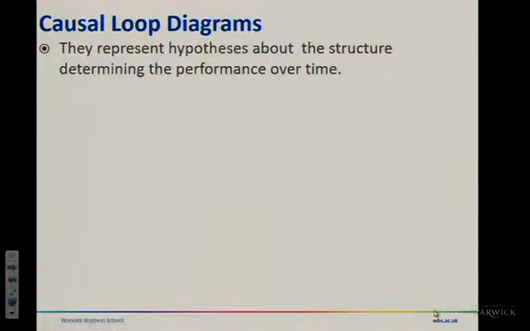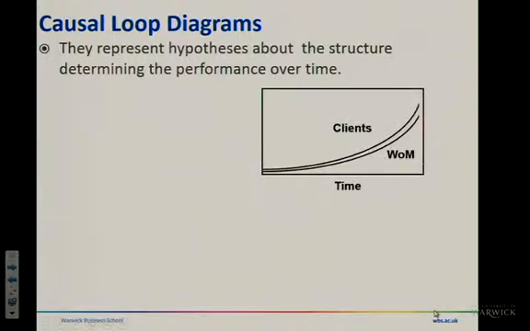So you need to do some simulation, but nevertheless they can give you an important insight. One of the first things you usually pay attention to in system dynamics is the behavior over time. You try to understand the performance of the variables over time.